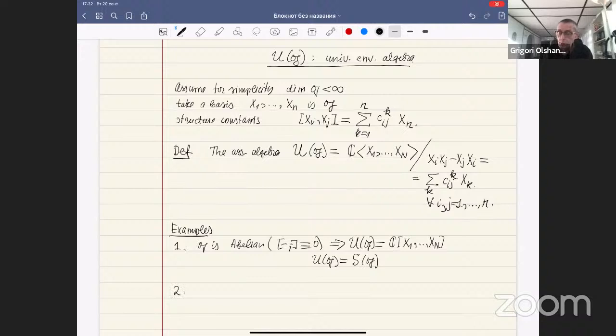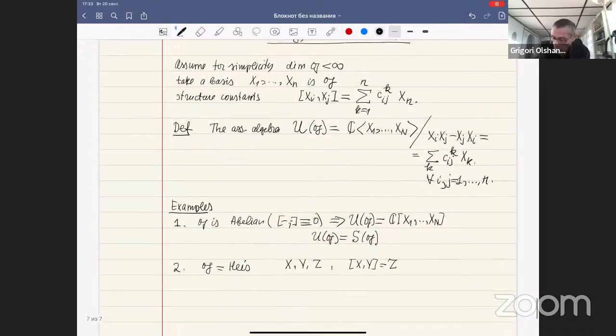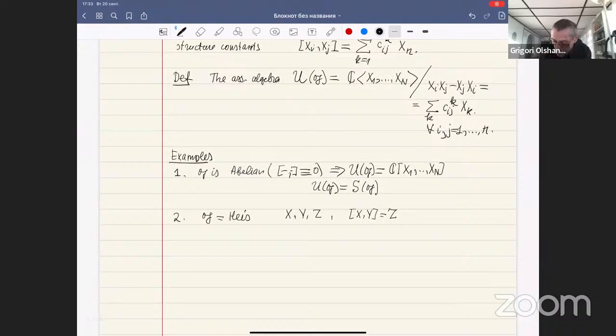The next case is, say, assume that G is the Heisenberg algebra. So we have generators X, Y, and Z, and the only non-trivial bracket is this one. Then we can realize our universal enveloping algebra inside the algebra of differential operators in two variables.